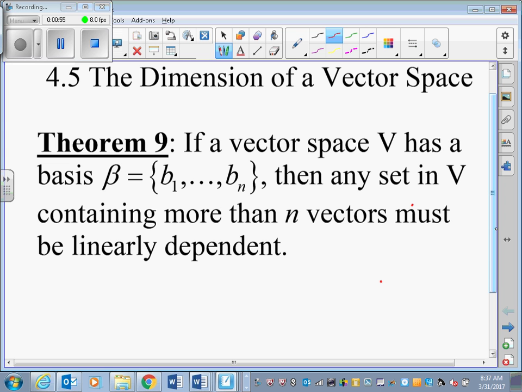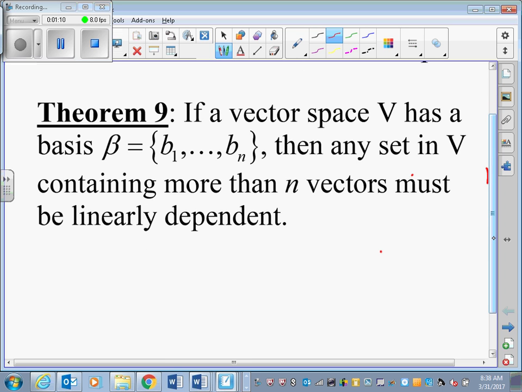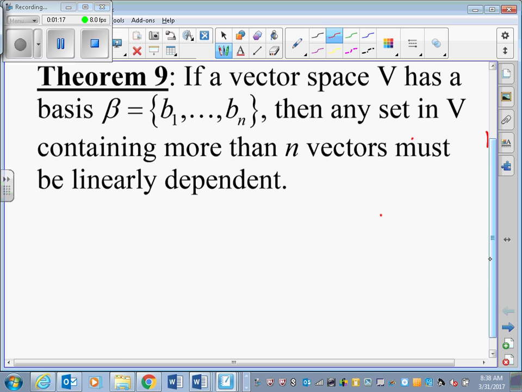Is there a free variable? That's what we're asking. So if that is already a basis, and I have more than n vectors, they must be dependent.